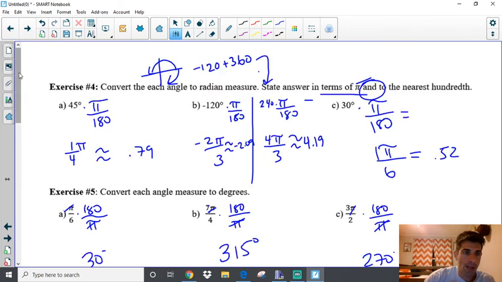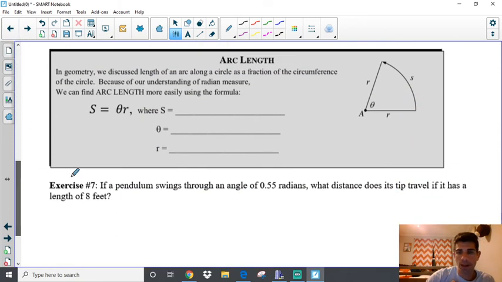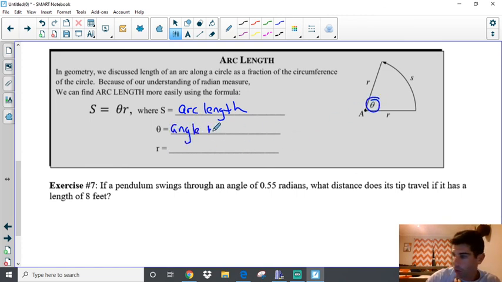But what happens if you don't have that angle measure because they did it a little bit differently, okay? So if you're looking at this, here is that circumference we were talking about earlier, but we're going to call that here the arc length. Okay, this theta, that's your angle measure.